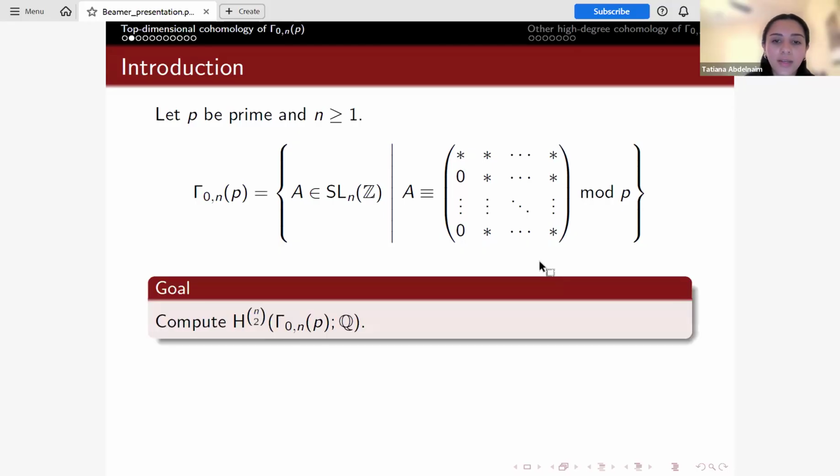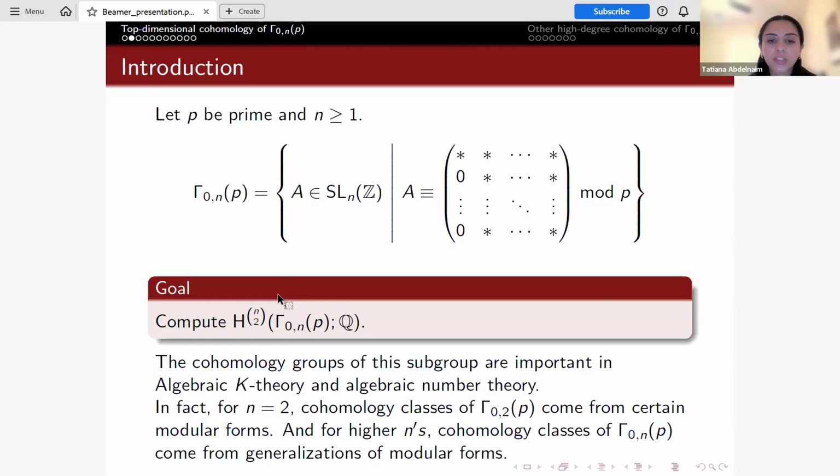The goal of this talk is to understand as much as possible the cohomology in degree n choose 2 of this subgroup with rational coefficients. I will explain in a bit why I'm interested in the degree n choose 2 in particular. The cohomology groups of this subgroup are important in algebraic K-theory and algebraic number theory.